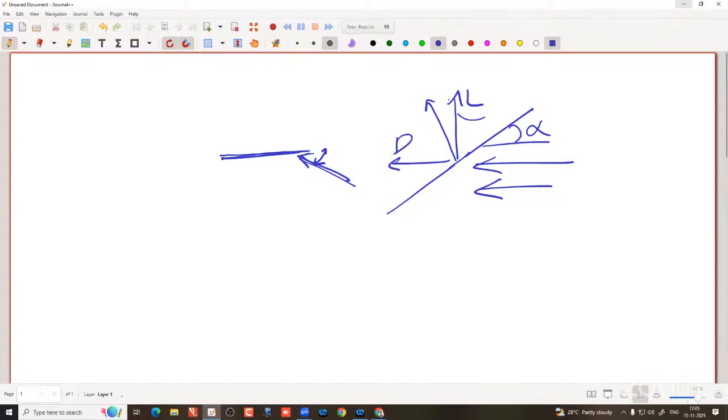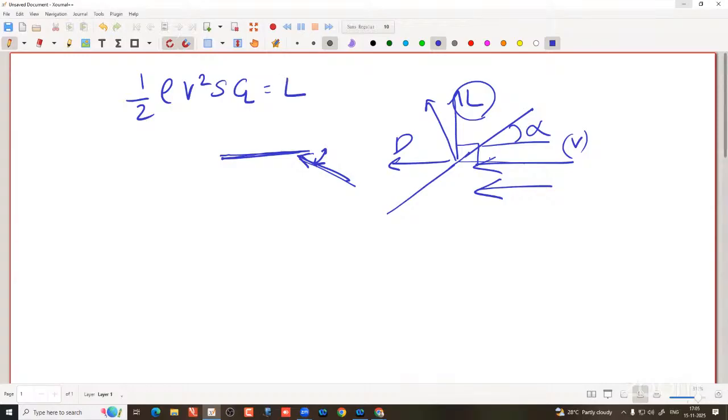Lift happens to be perpendicular to the free stream. By free stream, I mean the velocity at which the wind is hitting the object. You should not think that this is the velocity near the object. What we say as v when we talk about lift is half rho v square S CL.